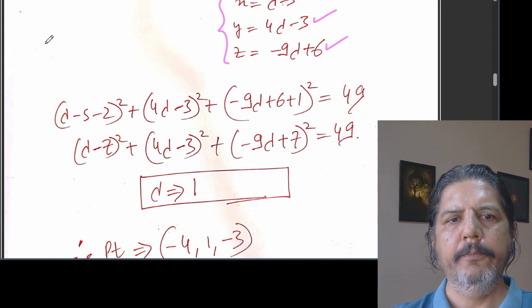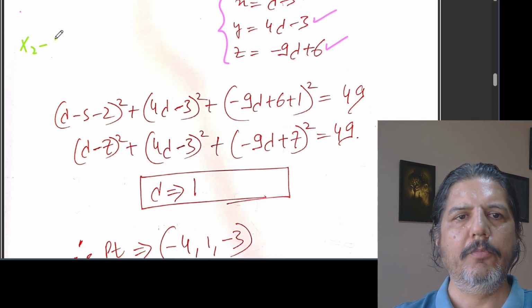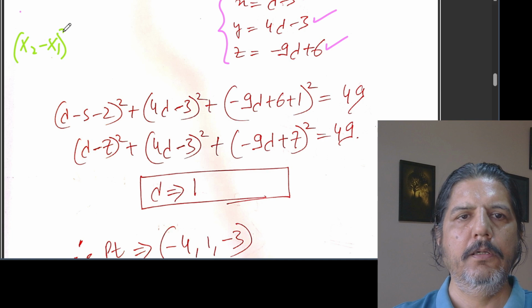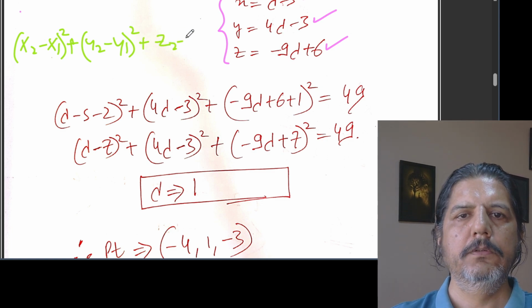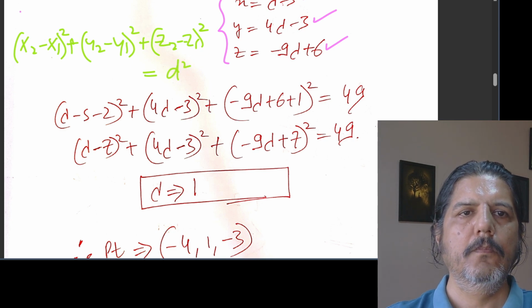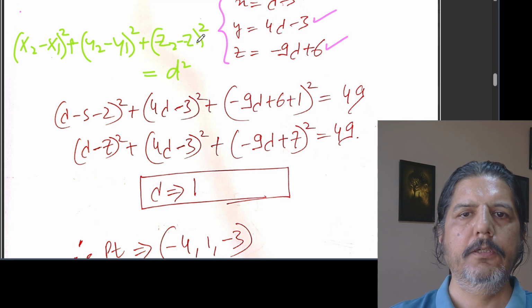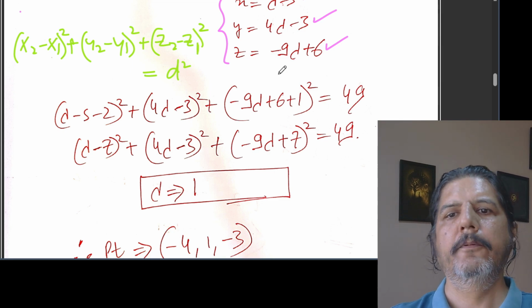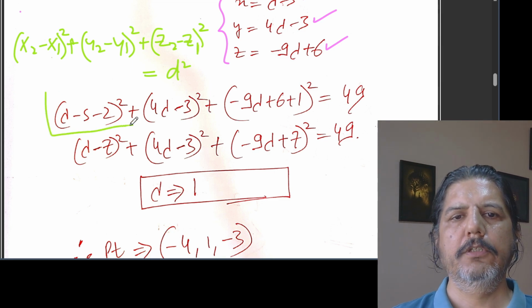So I'm using the distance formula here: (x2 minus x1) square plus (y2 minus y1) square plus (z2 minus z1) square is equal to d square.